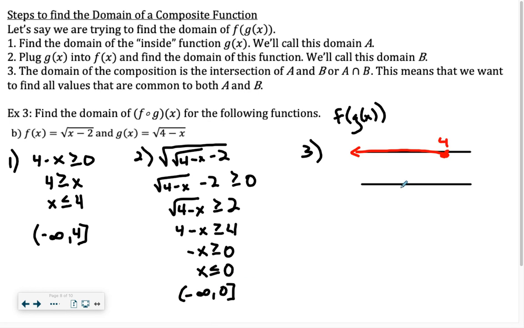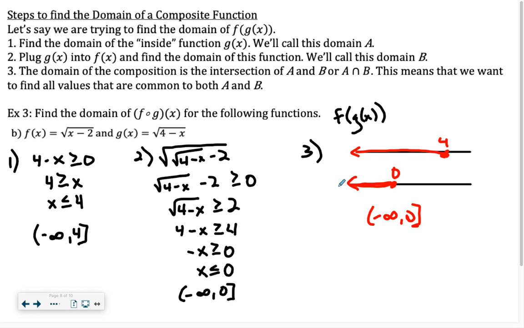This one, I'm starting at 0, and I want everything to the left of that. So the intersection, or in other words, the overlap of those two, is actually starting at 0 and everything to the left. So the domain of the composition f of g of x, in this case, would be -infinity to 0, including 0. Okay? The overlap between these two steps here, that's the domain.